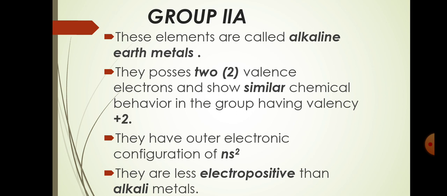Then group 2A. Group 2A are called alkaline earth metals. They possess two valence electrons and show similar chemical behavior, having the valency +2. Having two valence electrons and showing the valency +2 means they form two bonds. The electronic configuration is ns2. They are less electropositive than the alkali metals.